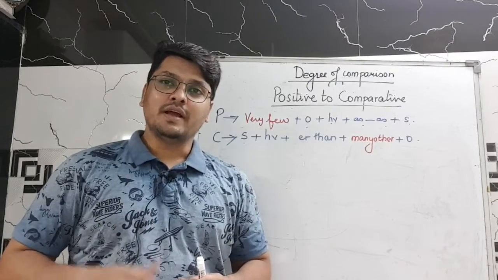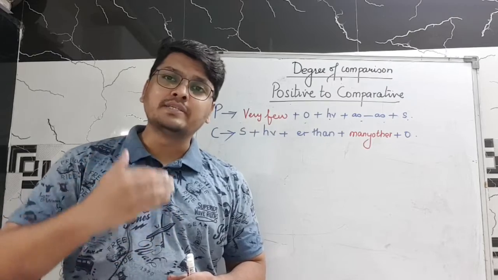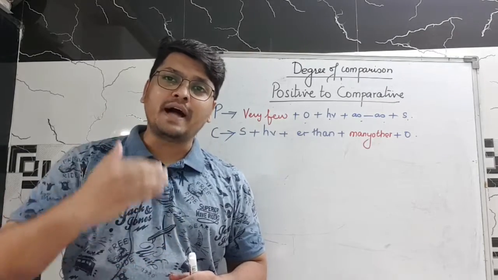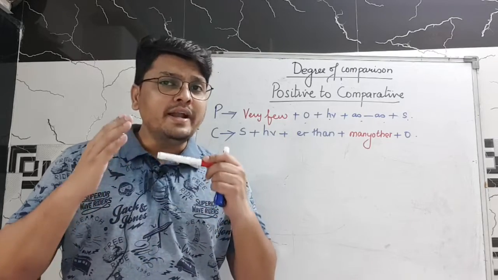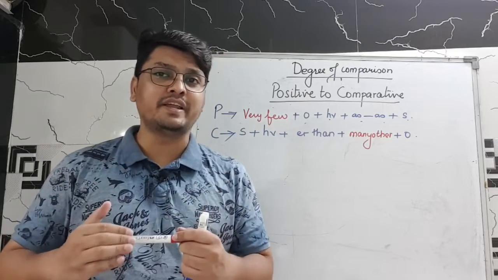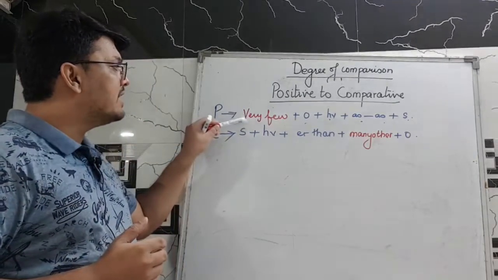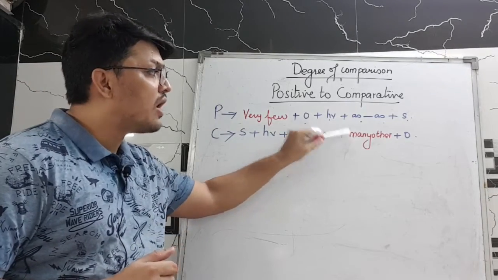Okay students, let's do examples where positive degree starts with very few. You can see there is only difference between no other and very few type of positive degree. Instead of no other, I used very few here, and instead of any other, I used what? Many other.